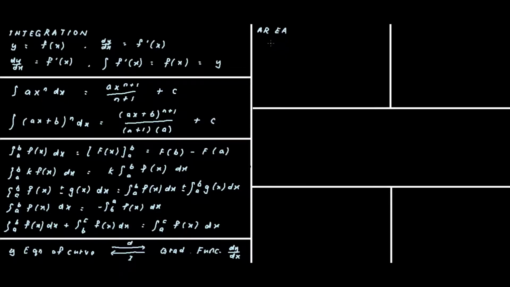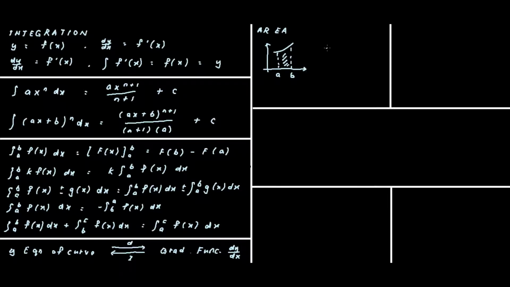For the first one, let's say you have an area between a curve and the x-axis, for example like this, with a range from a to b. As you can see here, this is an area enclosed by a curve and the x-axis, and also by the boundaries x equals a and x equals b.